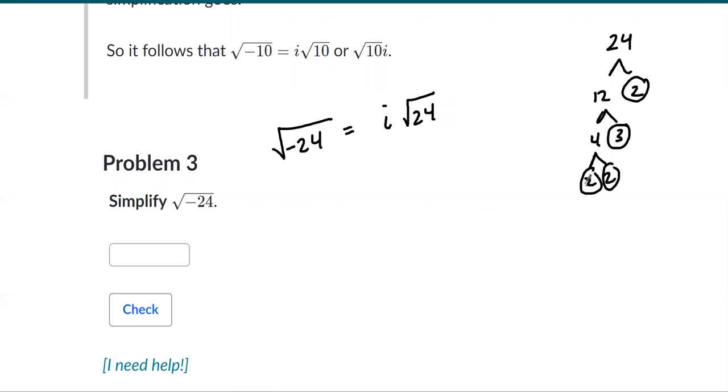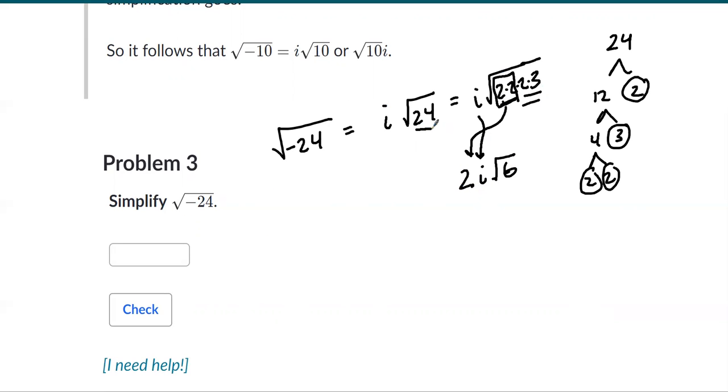So 24 is really 2 times 2 times 2 times 3. So we have i, 2, 2, 2, and 3. So when we take this square root, this is really a 4 right here. We can take the square root of 2 times 2 or the square root of 4. That's just going to be 2. And we'll just bring this i down. And we can't do anything with this 2 times 3. So our final answer is just going to be 2i root 6.